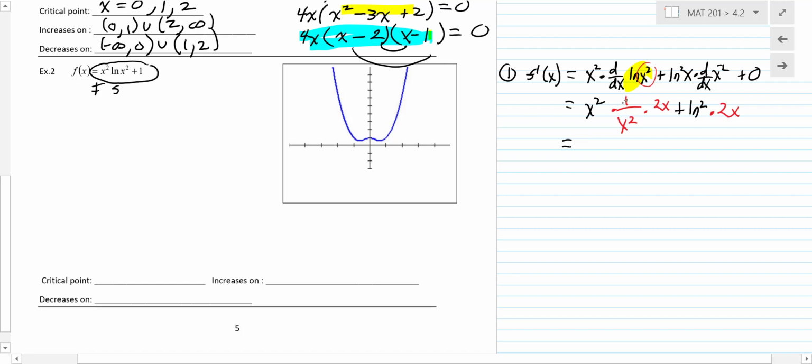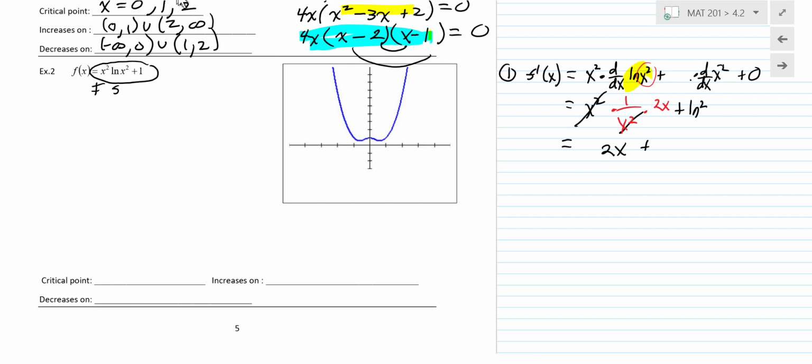So when I do this, it looks like that's going to cancel. That's going to leave 2x there. Then I'm going to end up with... hold on, did I write that? You just missed an x after your ln. What did I do? Oh, I see, I didn't write that down right.